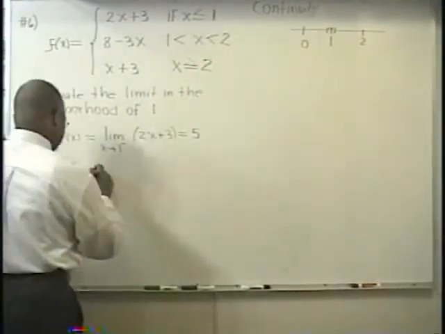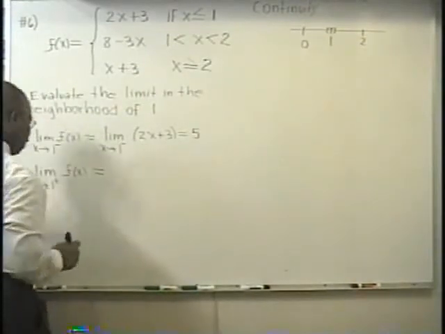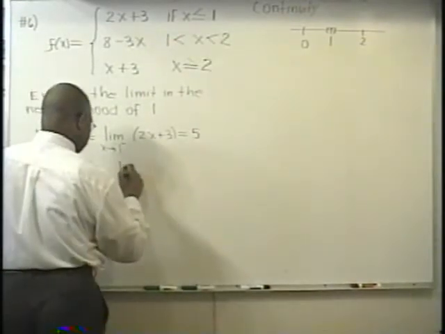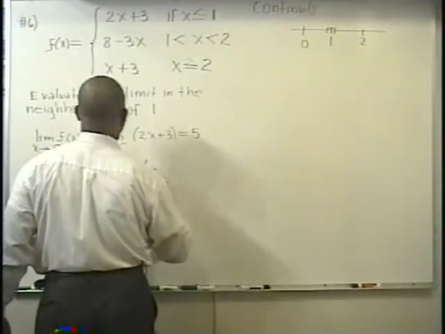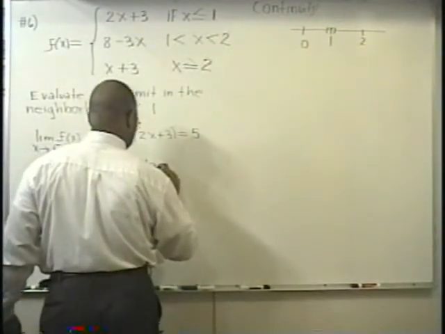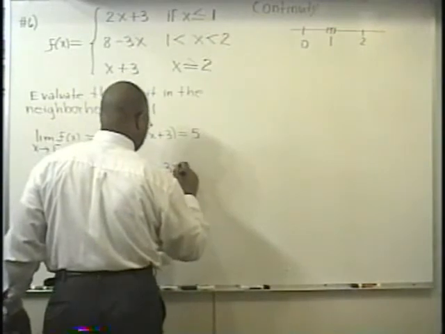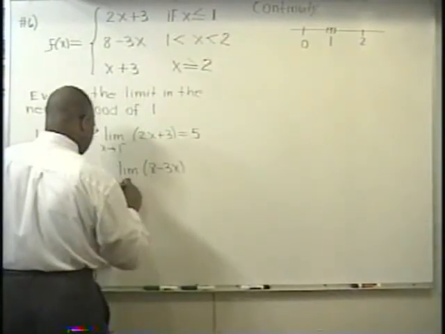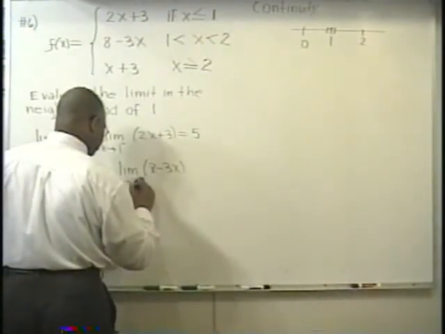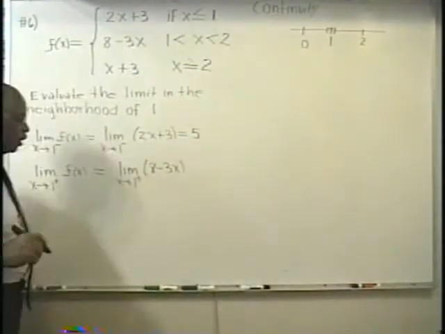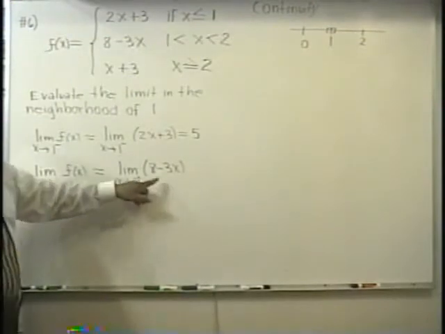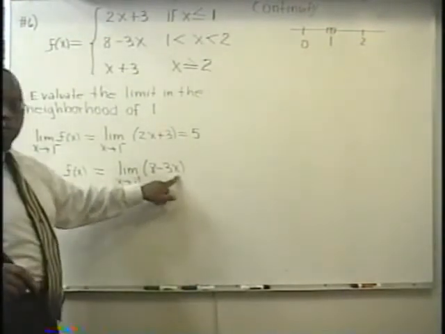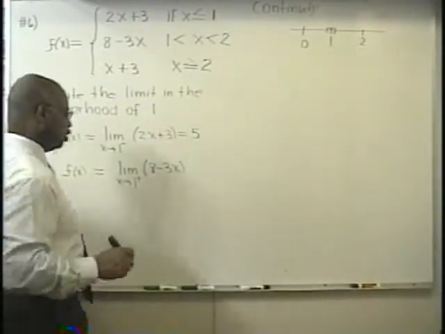So now that tells us that that's equal to the limit of 8 minus 3x as x approaches 1 from the right. And again, since this is a polynomial, I'll go ahead and substitute in that value 1. Well, 3 times 1 is 3. 8 minus 3 is 5.